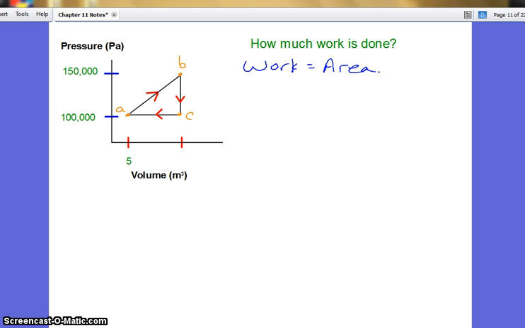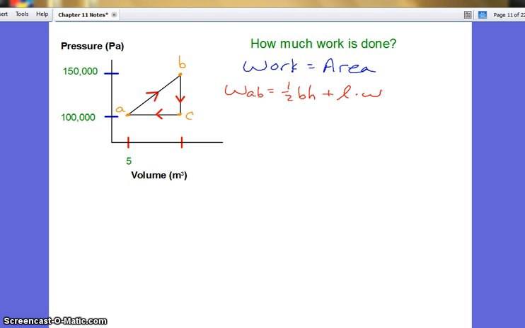And so first, we'll find the work done from point A to point B. And so again, it's the area of this triangle on top, which is 1/2 base times height, plus the area of the rectangle down below. It is the total area of this section here. Now we've just solved that.